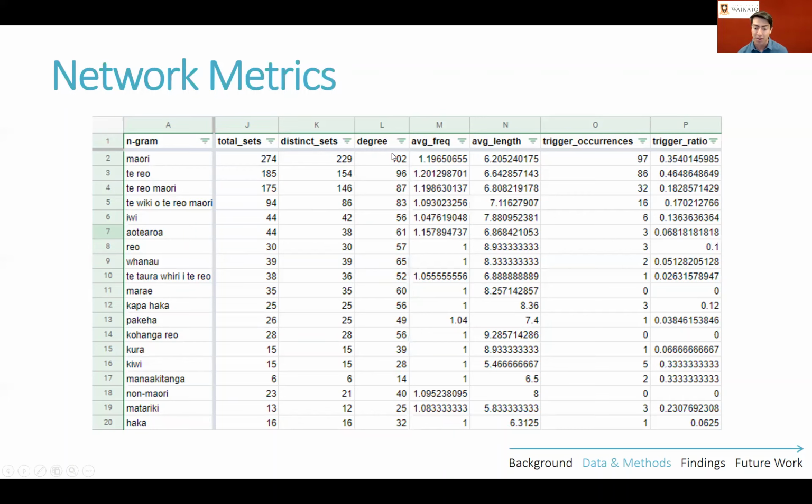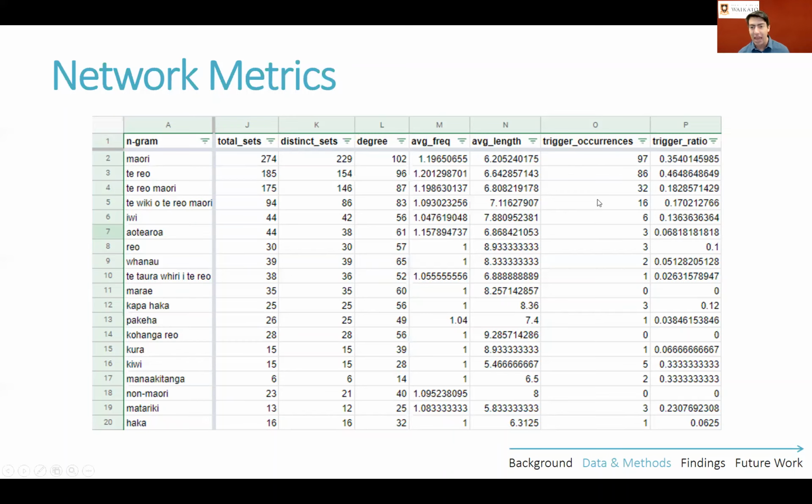Degree is the number of neighbours or other engrams that the engram co-occurs with in at least one text. Average frequency tells us on average how many times each set combination involving the given engram occurs. And average length is the average number of engrams in each set, which ranges between about 2 and 20.